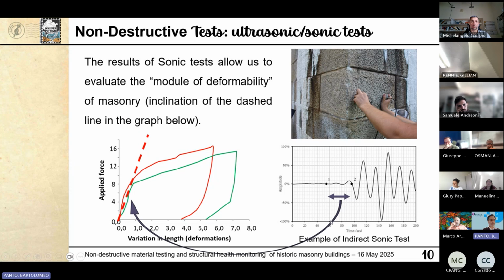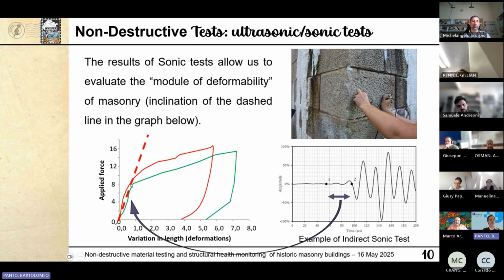So in the graph that we saw above, we can see basically this information: how easy or how difficult it is to deform the masonry. Of course, here no damage is produced, because the generation of the sonic wave and the capture of it is totally free of any consequence for the structure. I want to remark on just one aspect.